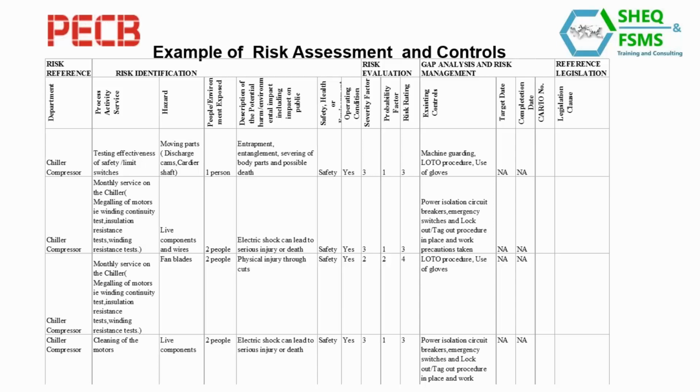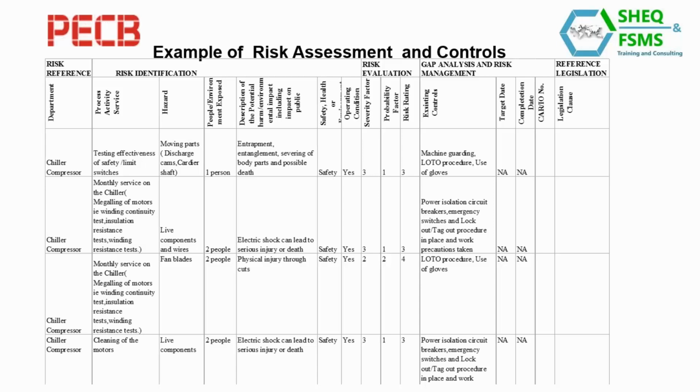Then on the row on top, we have a description of the potential harm or environmental impact, including impact on the public. Here you have electric shock, which can lead to serious injury or death. Of course, this is a safety problem.